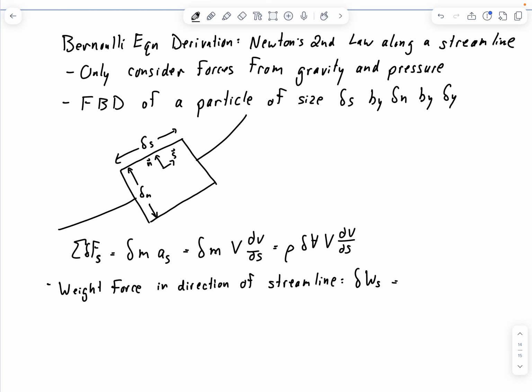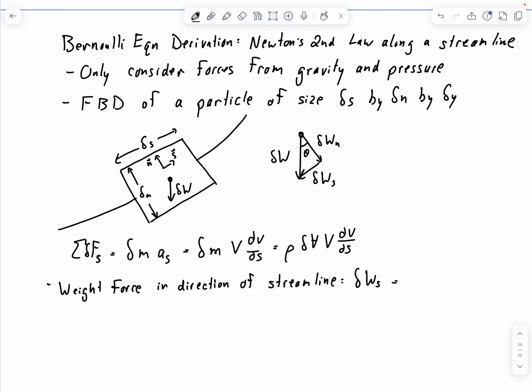And so the component of this acting along the streamline, we can visualize this. We have some differential weight, which we can see here, delta W. This is the weight of this particle, and of course we can break this up into two components: a normal component, delta WN, and a streamwise component, delta WS, where the angle here is theta, of course.